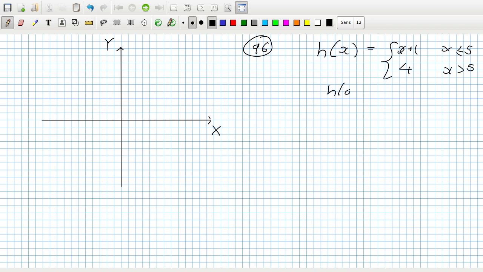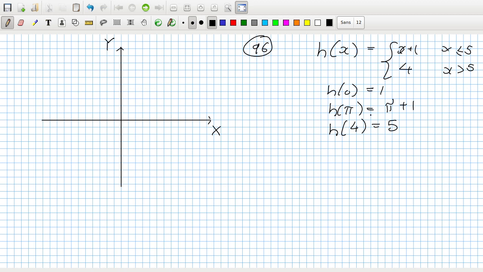So h of 0, well, that's less than or equal to 5, so that's going to be 1. h of pi, that's also less than or equal to 5, so that's pi plus 1. Then h of 4, 4 is also less than or equal to 5, so 4 plus 1 is 5.